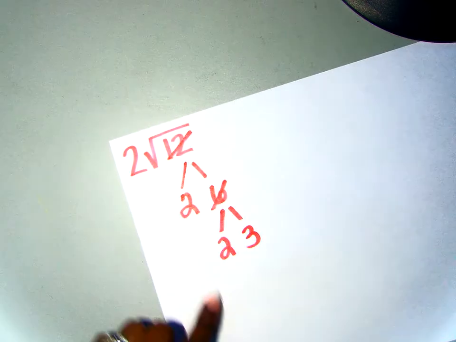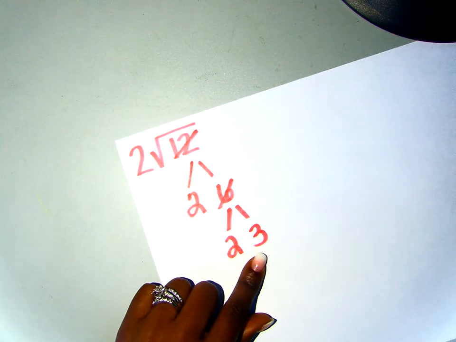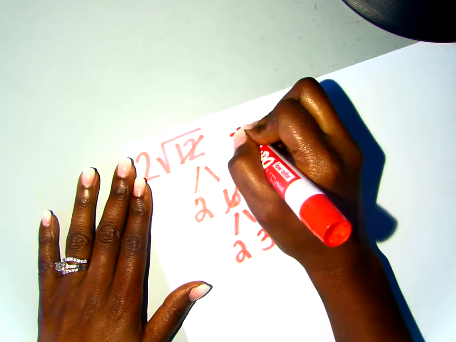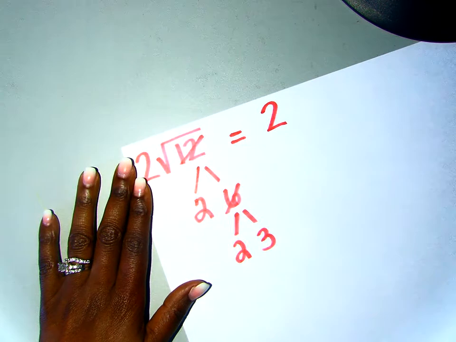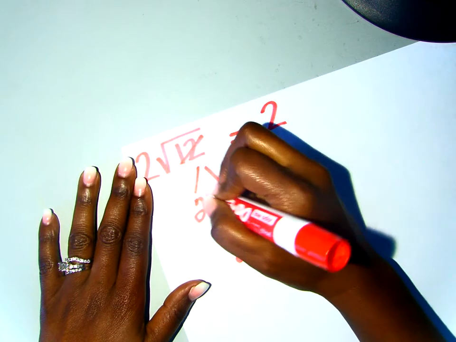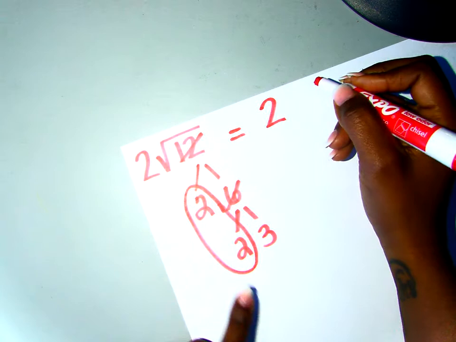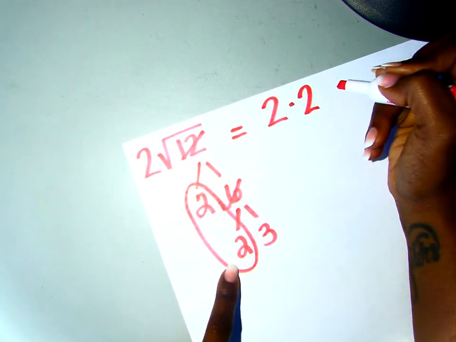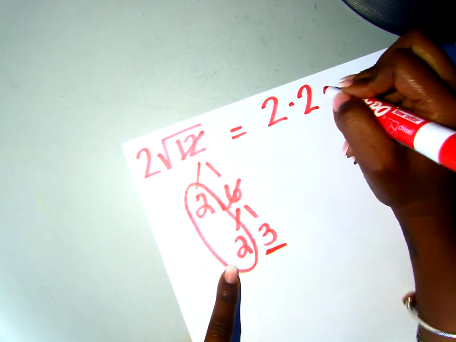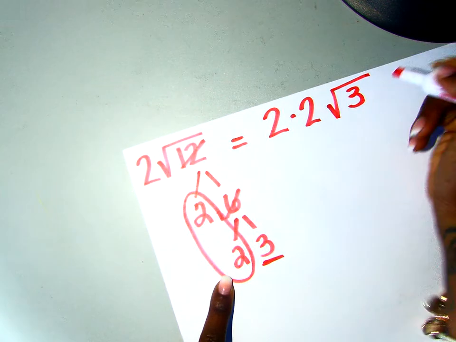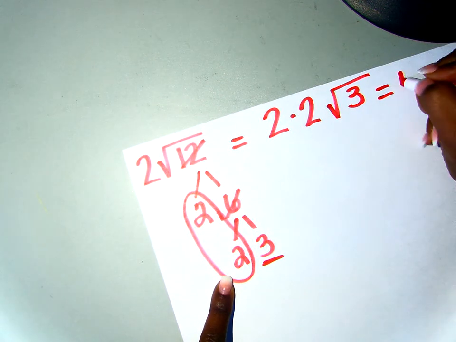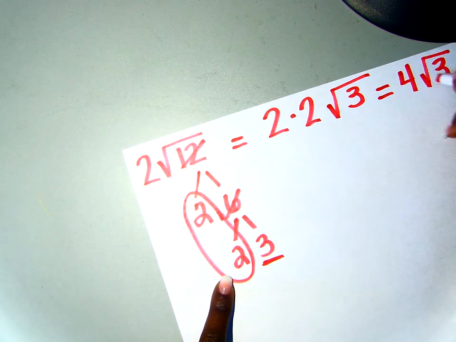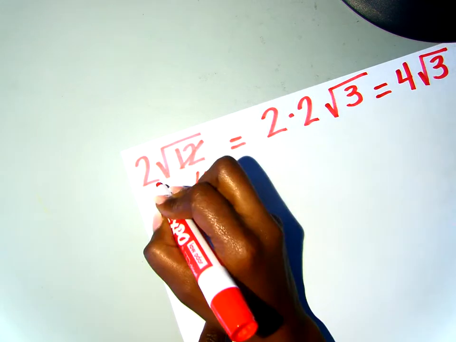So we have 2 times 2 times 3 pretty much. But this time I have a coefficient of 2 outside of the radical. So I circle my pairs. Along with that coefficient of 2, we have to write another 2 because we have a pair of 2's. We underline what's left, which is 3. So our answer is 4 square root of 3. We cannot leave this 2 out. We have to bring it over.